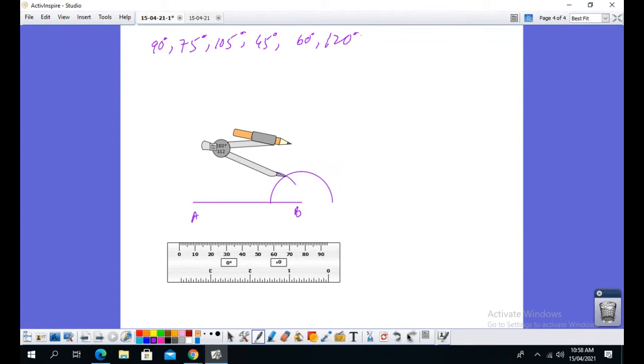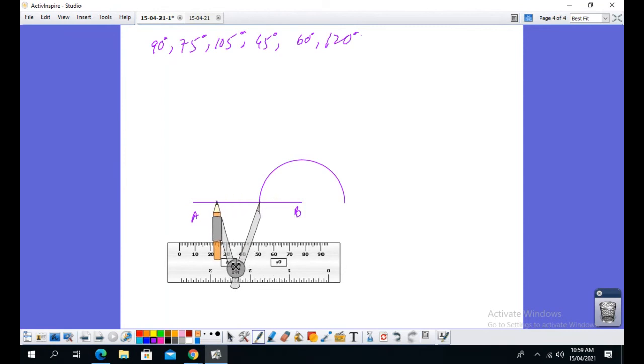We have just this arc, and we replace here and draw another arc like this. This is of 60 degree, we place at 60 and draw the next arc, that is of 120.